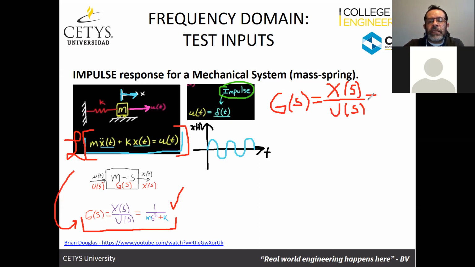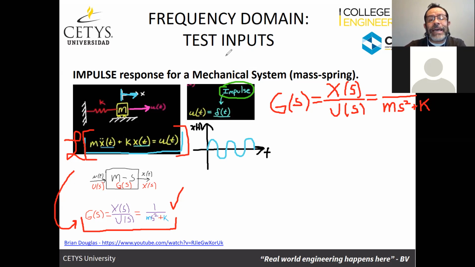And this is equal to 1 divided by m s squared plus k. Okay, that's the transfer function.